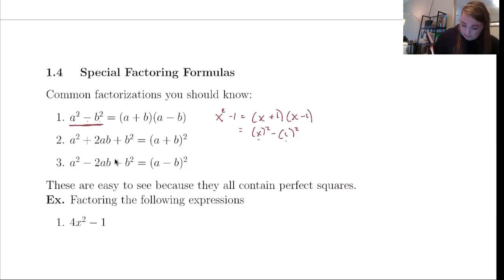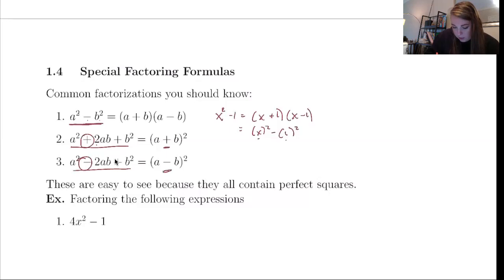Something like that, right? And then these are two other special ones that are a little bit related. So a squared plus 2ab plus b squared, and a squared minus 2ab plus b squared. The only difference is the sign in front of our second term. And that shows us the sign that's between a and b. That's a plus b squared and a minus b squared.